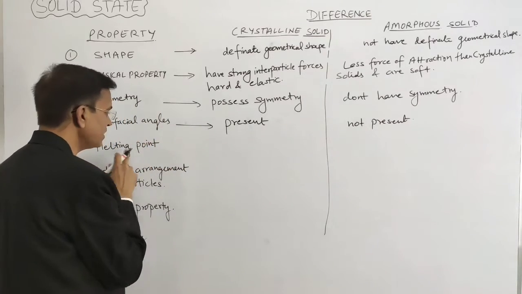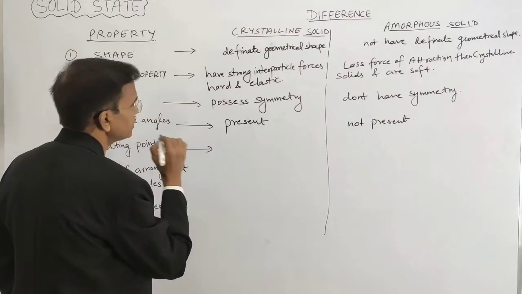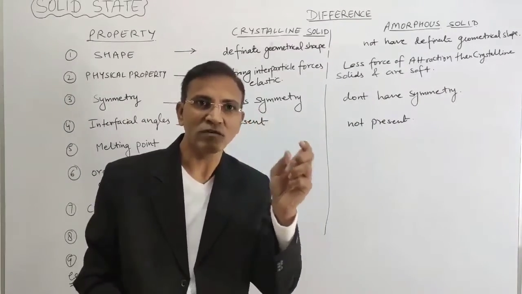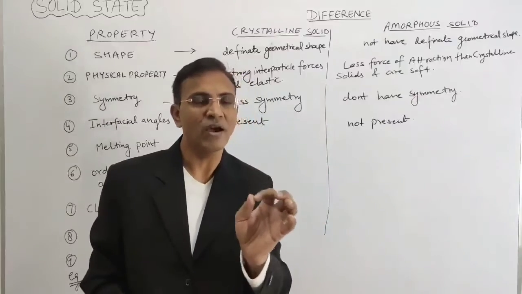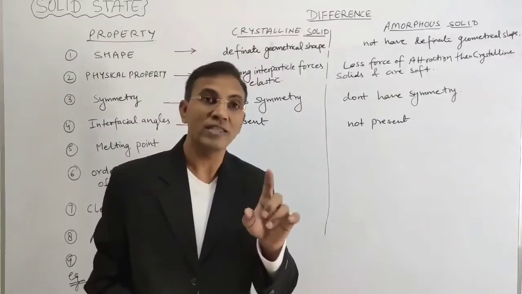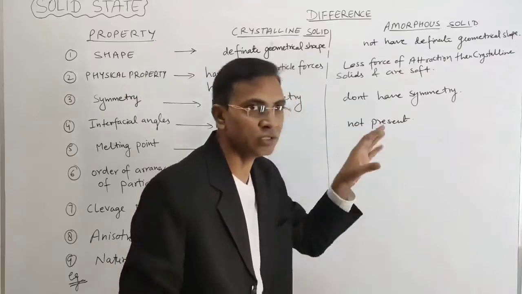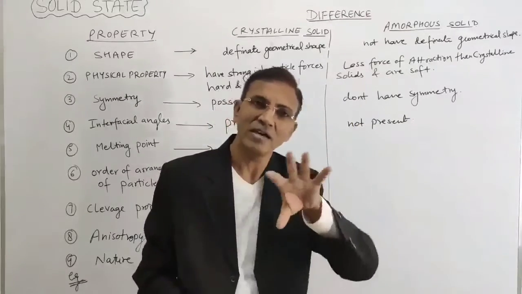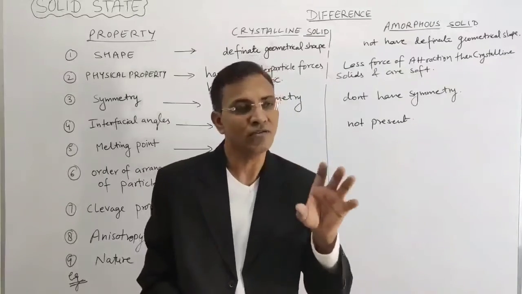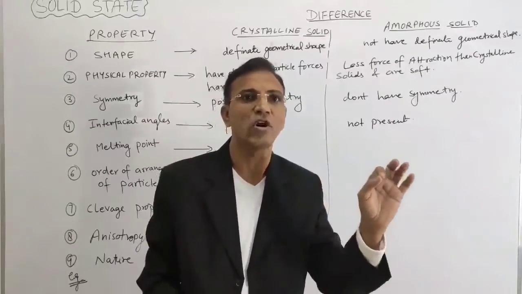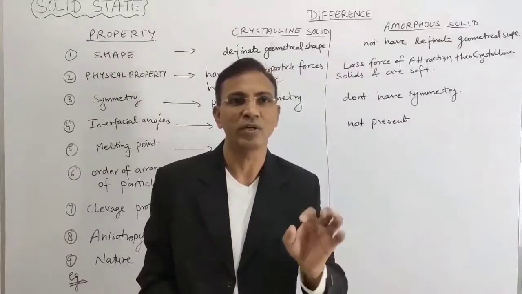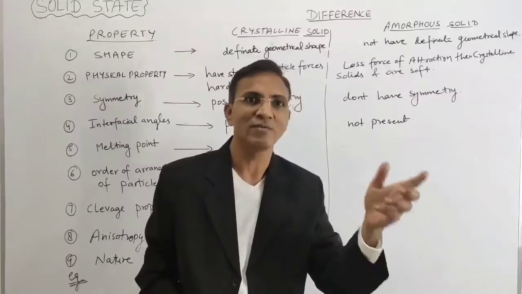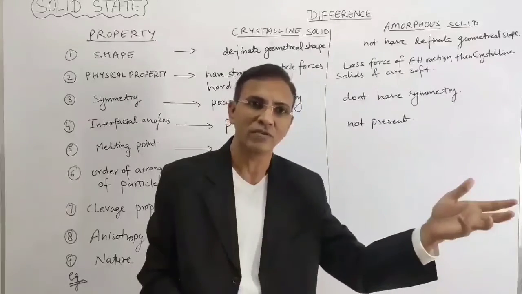Now the next is melting point. Because the crystalline solids have a regular arrangement of particles, they have a sharp melting point. Whereas in case of amorphous solids, because they don't have a regular arrangement of patterns, they have an irregular arrangement. That's why they have a range of boiling and melting points. Over a range means, for example, 50 to 56, it may be 51, 52, 53, 54, right?